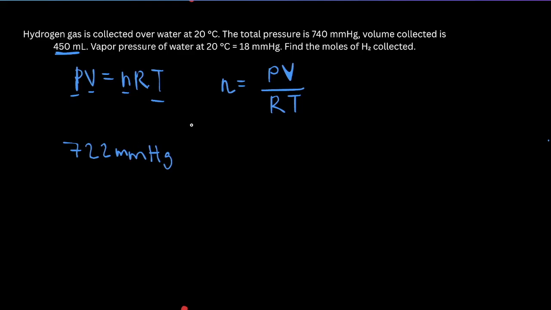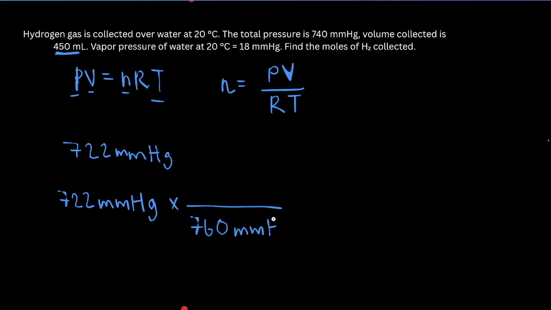We simply divide by 760, or set it up stoichiometrically: 722 mercury times 1 ATM over 760, canceling out our units, gives us 0.950 ATM.